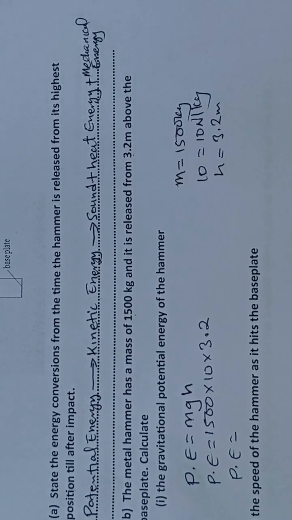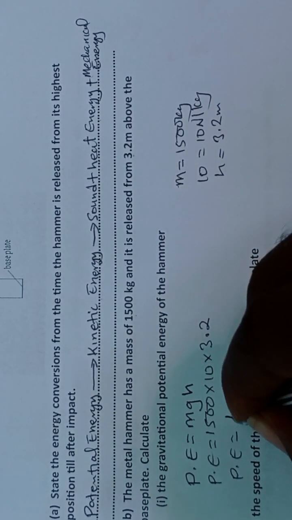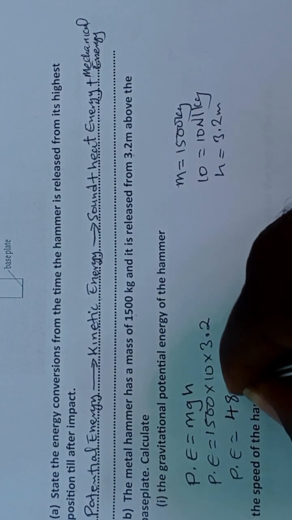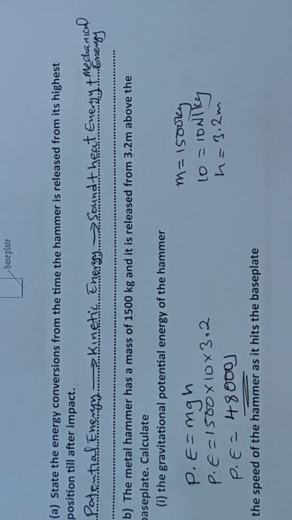So we are going to have 48,000 joules. That is our potential energy.